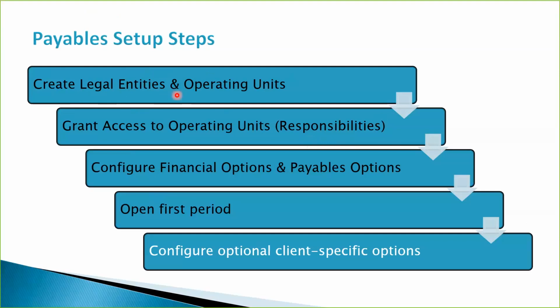After that, in order to use our payables module, we need to configure some control options. And these are going to be split into three. We have financial options, we have payable options, and we also have payable system setups, and we are going to see what each involves. And then we can open the first period in payable so that we can start doing invoices and payments.